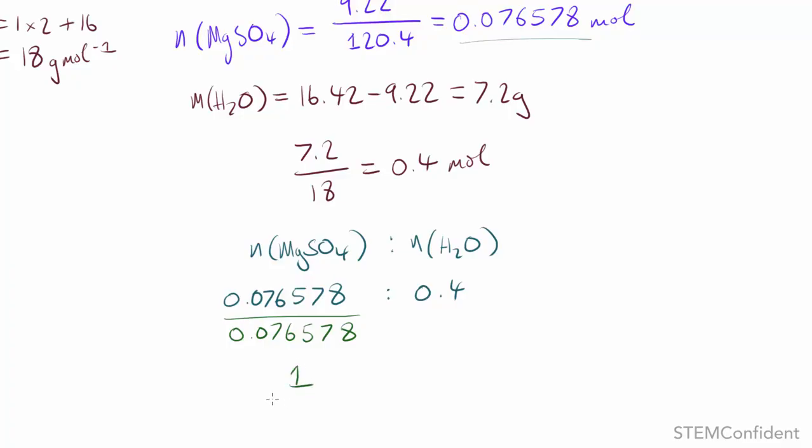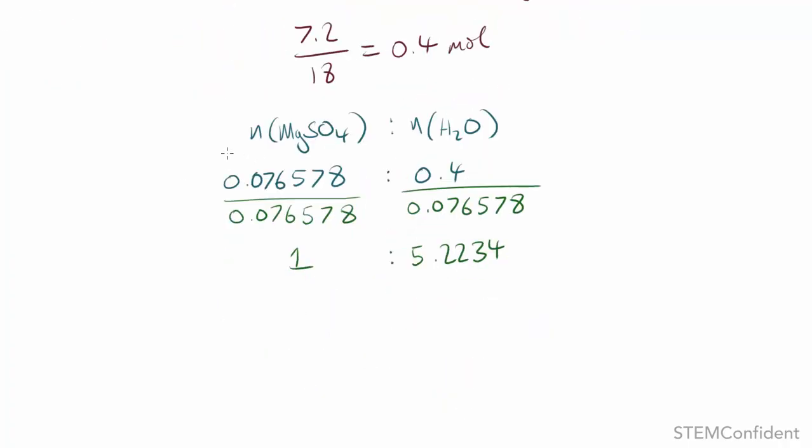Now, because this is a ratio, what we've done on the left-hand side, we do also need to do on the right-hand side. So we also need to divide this by that same number, 0.076578, okay? And if you do work out what that is, you should find that you get 5.2234, okay?